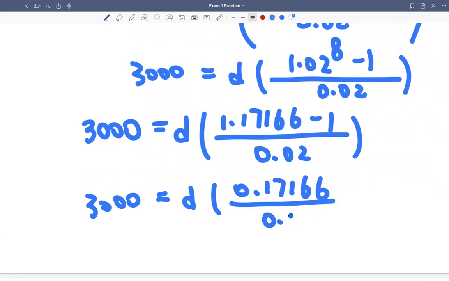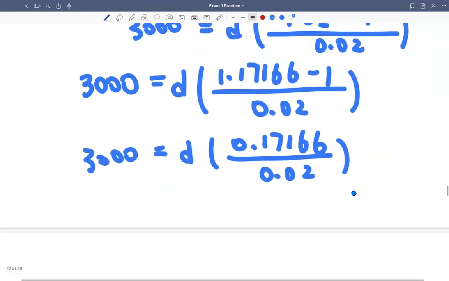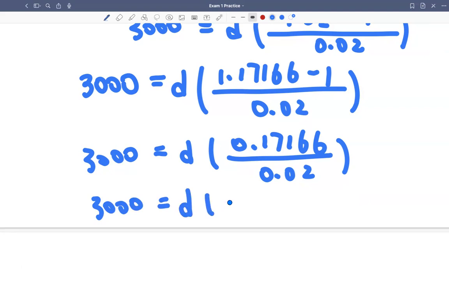Then I divide by 0.02 to get 8.583, rounding to 3 decimals. So 3,000 equals D multiplied by 8.583.